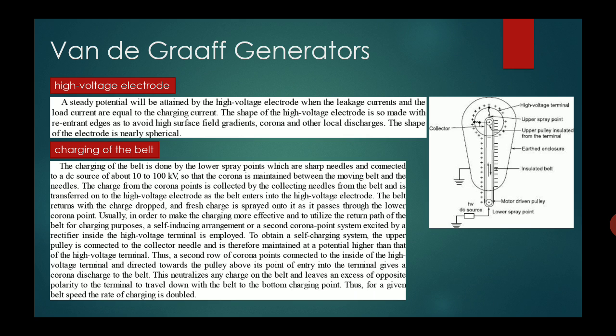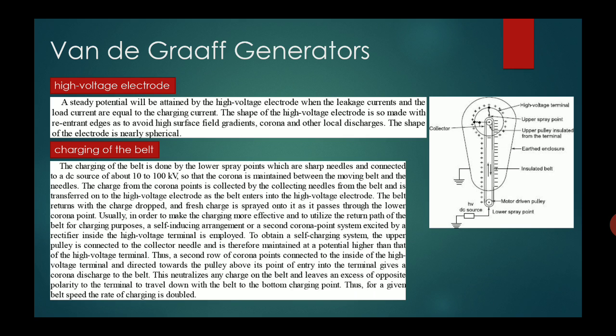So basically what we have seen is that this electrode is being supplied by the charge contained in the belt. When the charge is moving up, it is collected by the electrode, and the charge is deposited on the surface of the electrode itself.